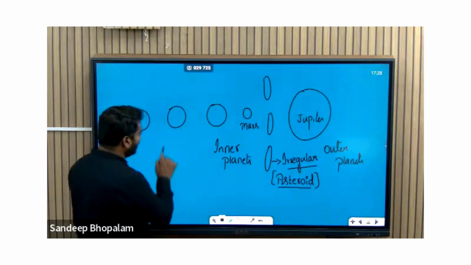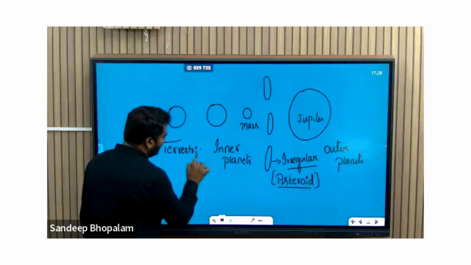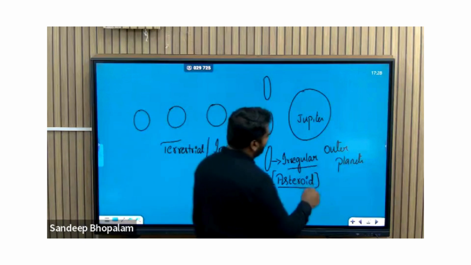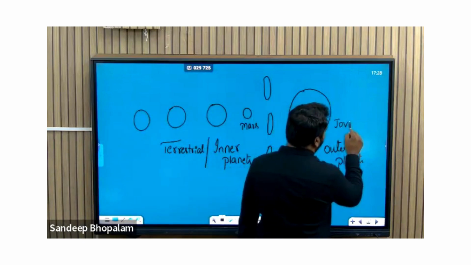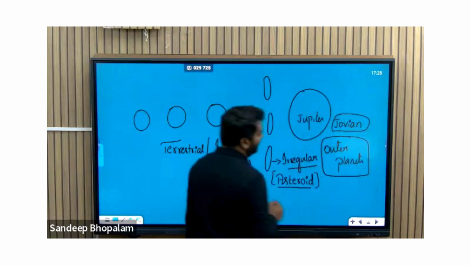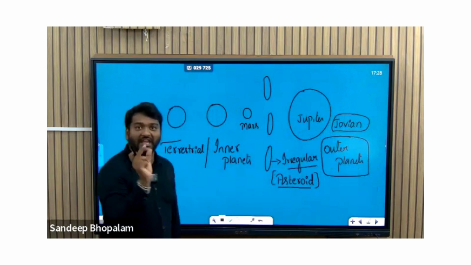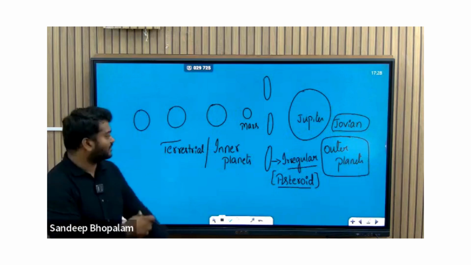Asteroids. They may also give you another option. What is that? It is in between terrestrial planets or Jovian planets. Okay, terrestrial planets, Jovian planets, Mars, Jupiter, inner planets, outer planets. Any word can be given in the exams.